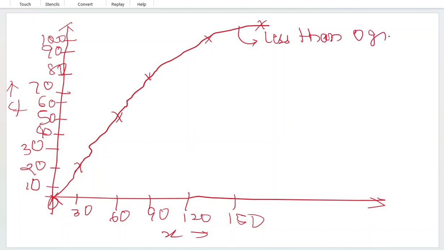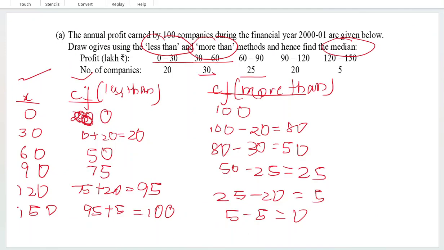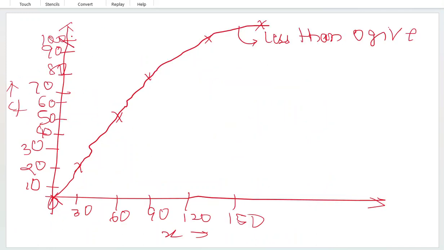Now on the same graph, we have to draw more than type ogive, in which we shall do the calculation in which we shall plot the first and the third column. So for 0 it is 100, so that means we are there. For 30 it is 80. For 60 it is 50.